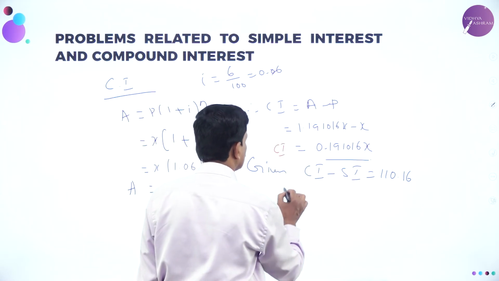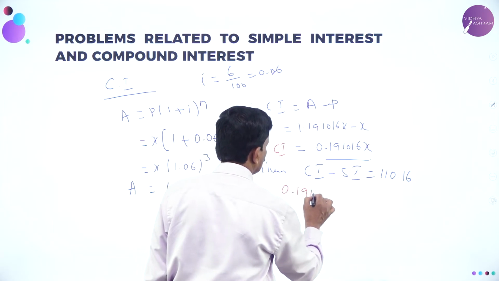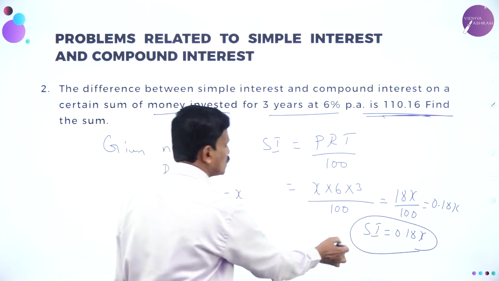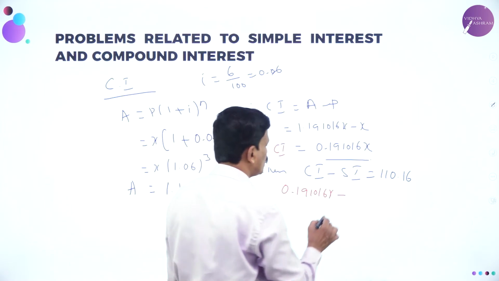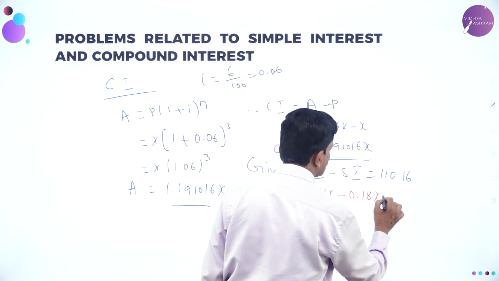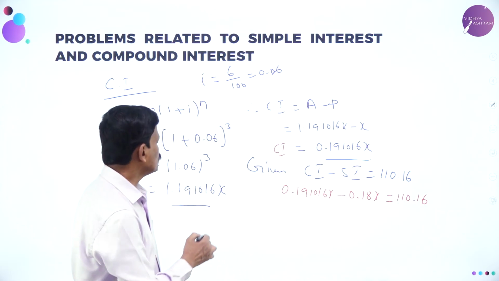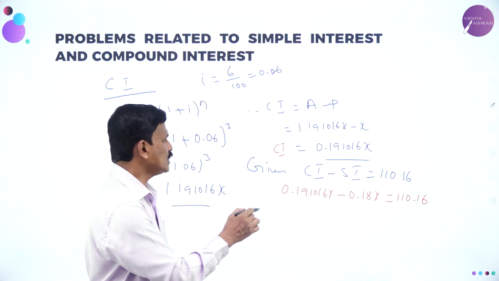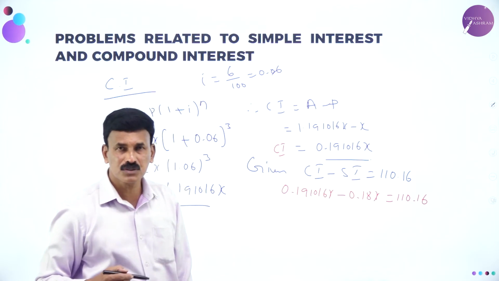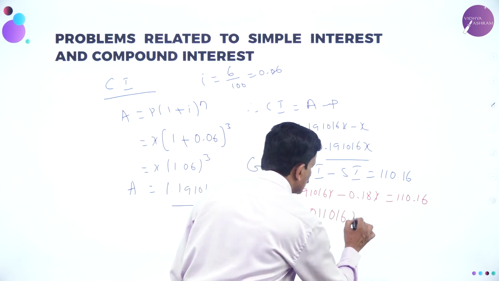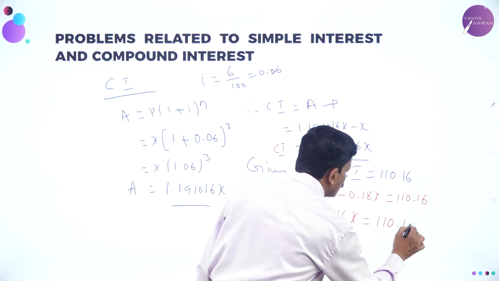This is the compound interest, 0.191016x, minus the simple interest, which is 0.18x, is equal to 110.16. Subtract this: 0.191016 minus 0.18 is equal to 0.011016x, which is equal to 110.16.